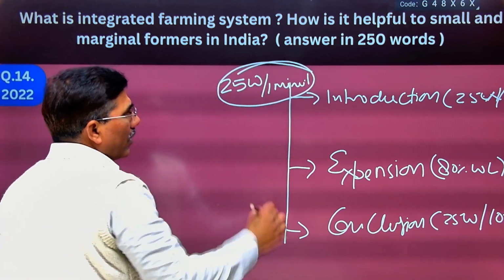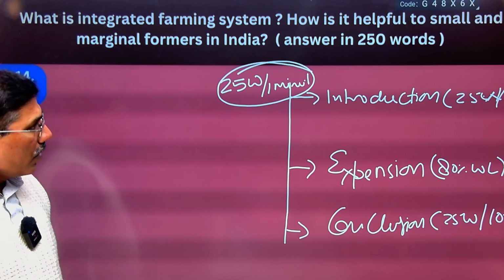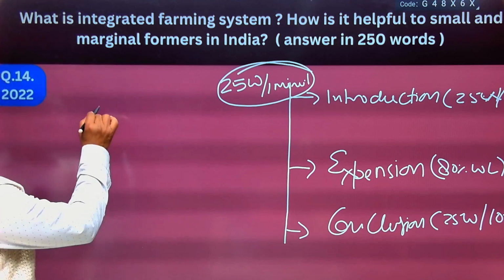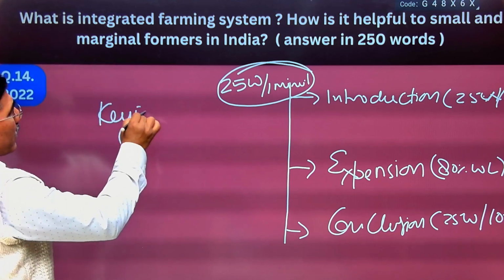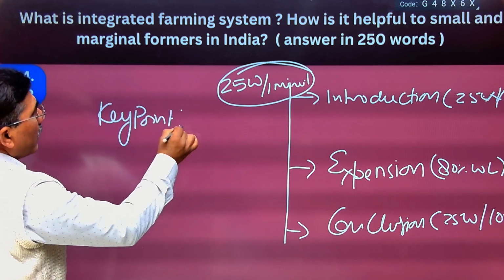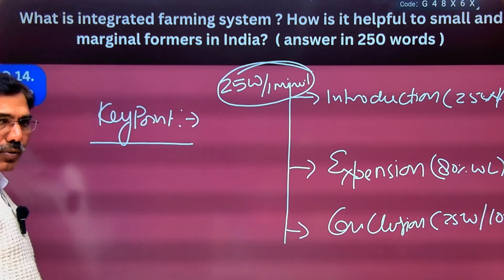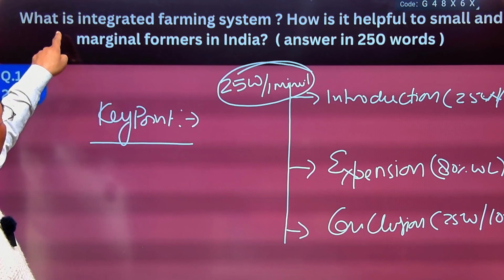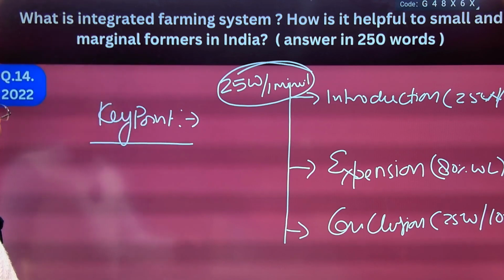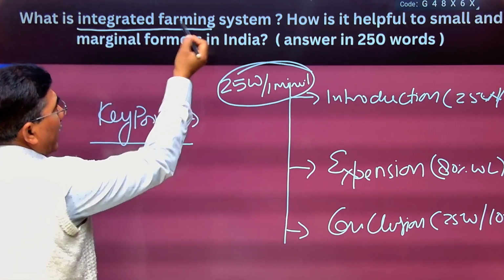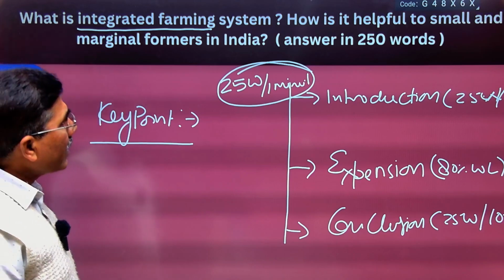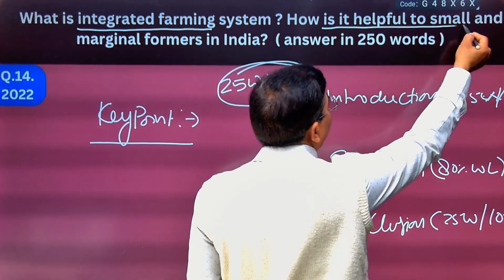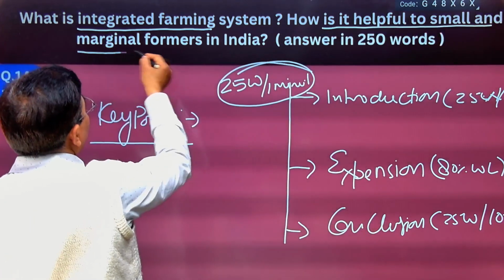Now, first of all, try to find out the key point of this question. After that, analyze this key point. What is the key point? What is integrated farming? The first part is the meaning of integrated farming. Second, how it is helpful for small and marginal farmers.